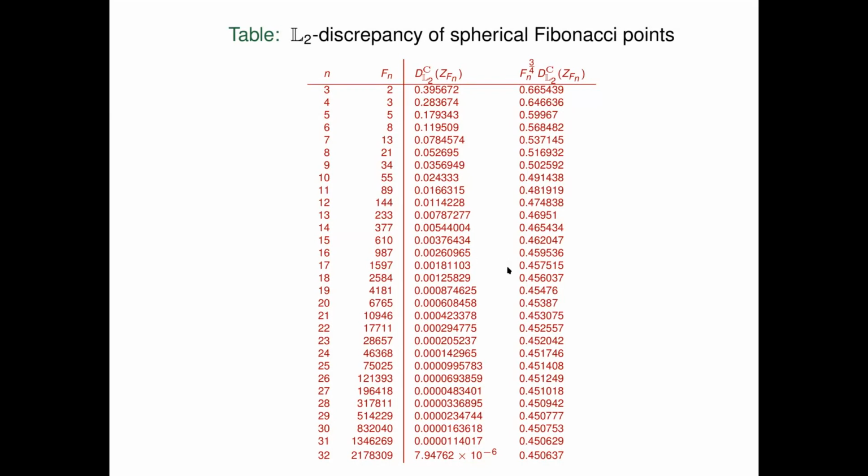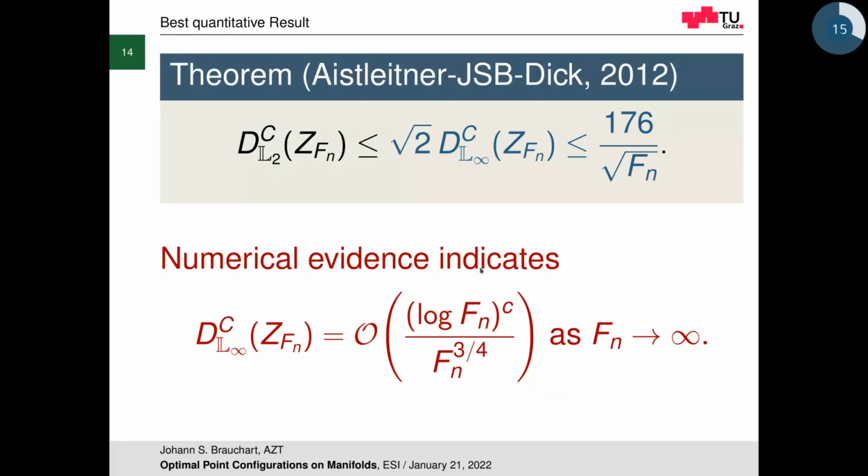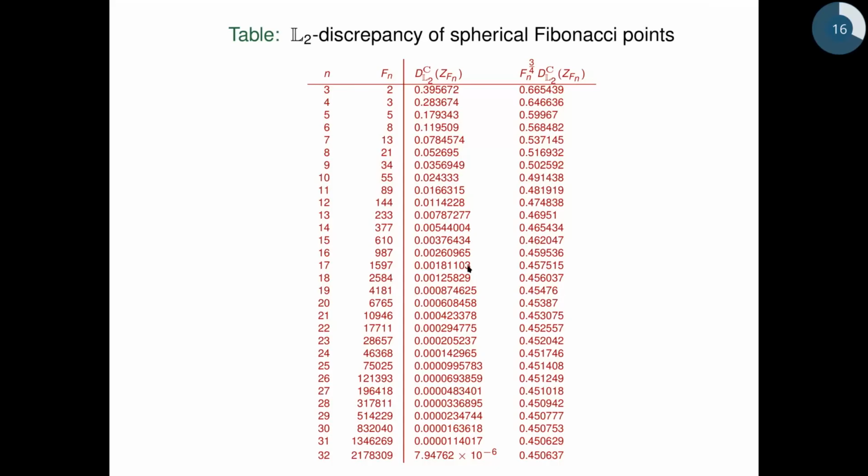But it indicates at least that we could have a conjecture of the kind that the big O is some power of log of the number of points divided by N to the power 3/4. This just indicates that there's a huge gap between what we can do in theory for a sequence of constructible point sets, and what the numerics tell us we should expect.